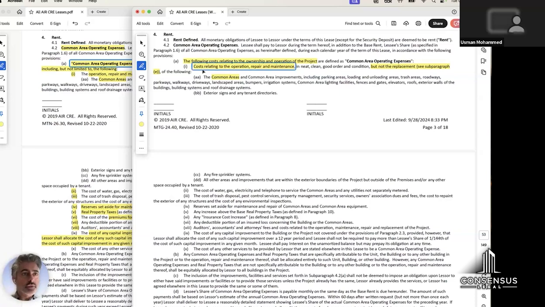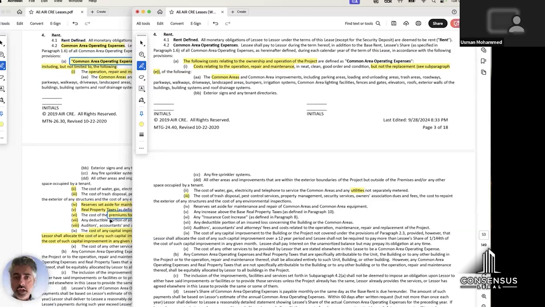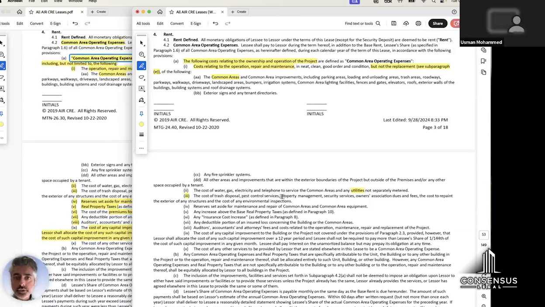Let's go through the rest of the 10 items in the gross lease. Item 2 is similar. Lessor can pass through the cost of utilities for the common areas. In item 3, it can pass through the cost of trash disposal, pest control services, and the same thing, property management.